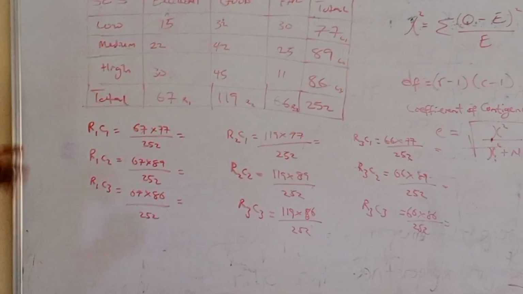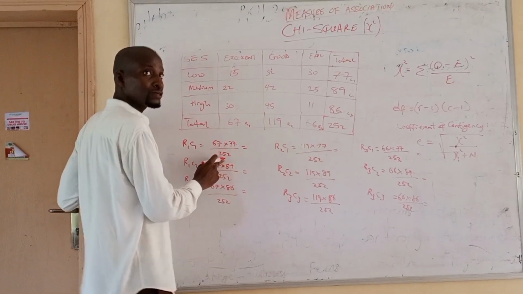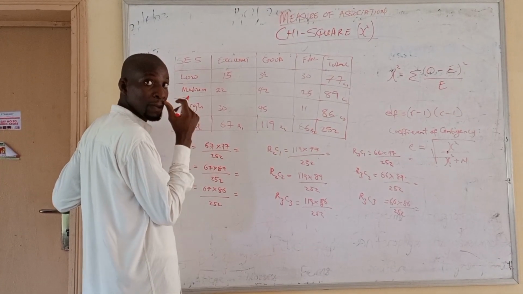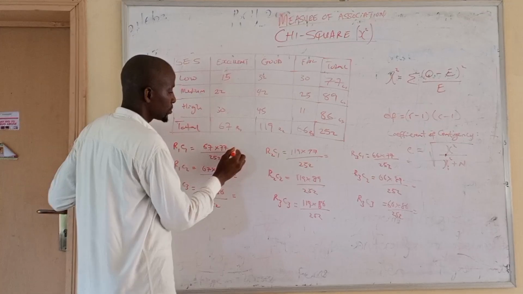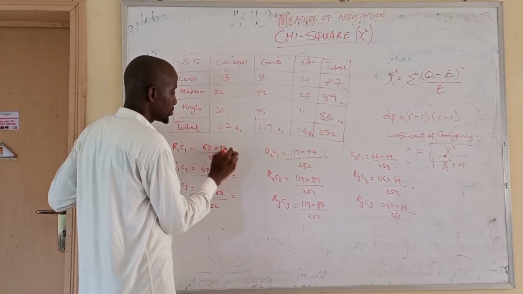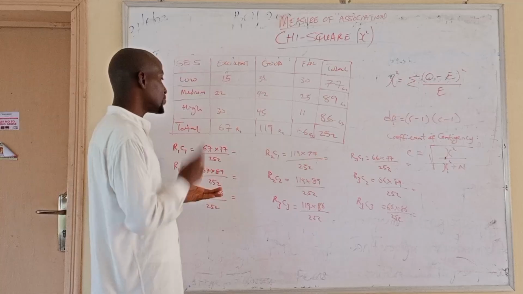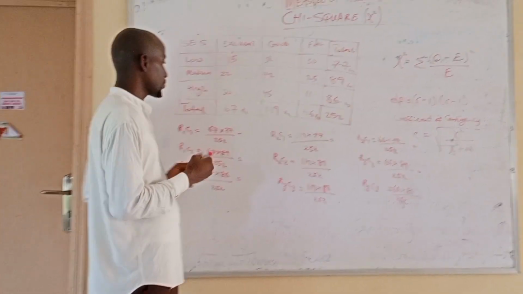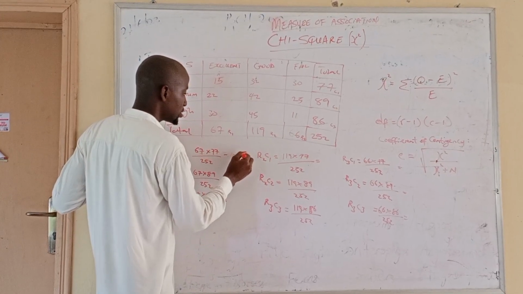All the values that you are going to get now will be your expected values. Let us now do that. Let us do this simultaneously. 67 times 77 divided by 252 will give us 20.47.